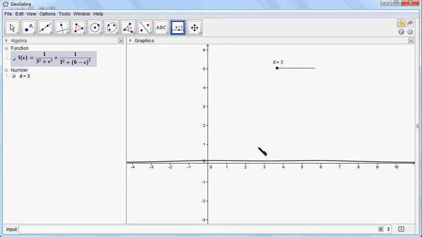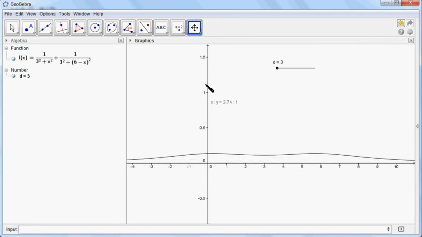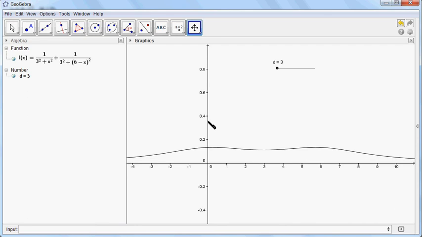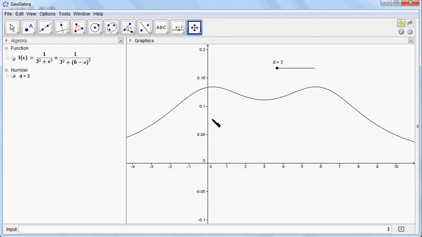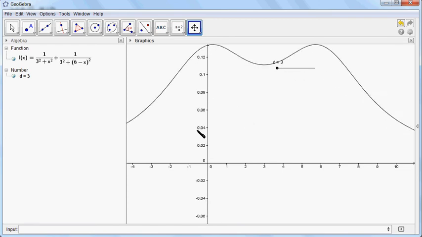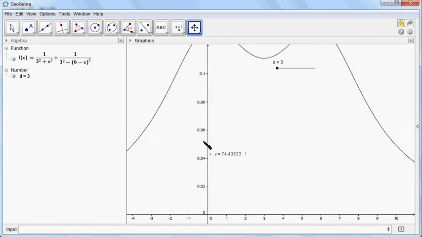So the graph is there, but it's kind of hard to see, so I'm going to stretch the graph a bit so that it's a little easier to see. Now you can see it pretty well here, so I'm going to bring it down a bit, and I can stretch even more.